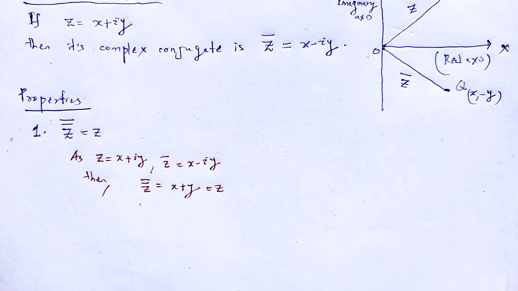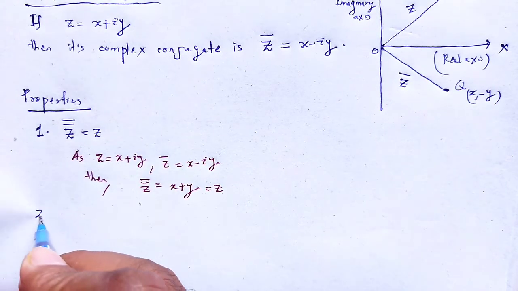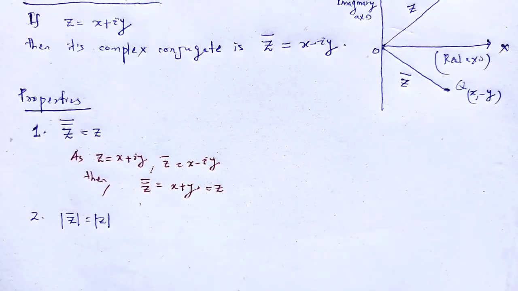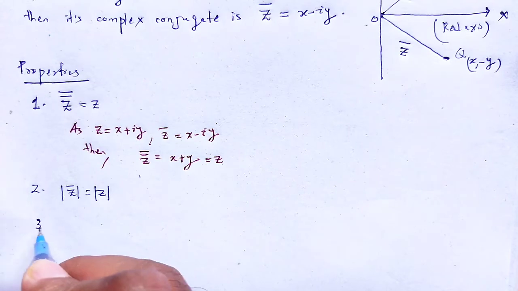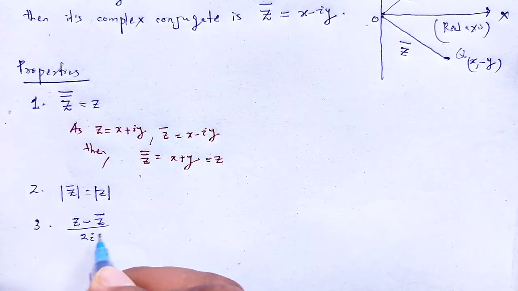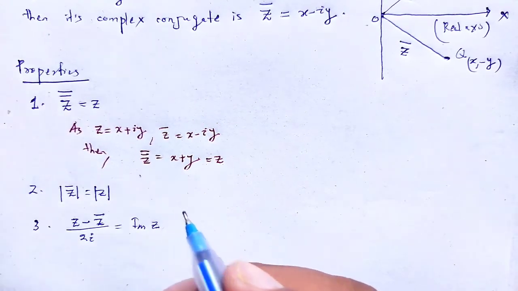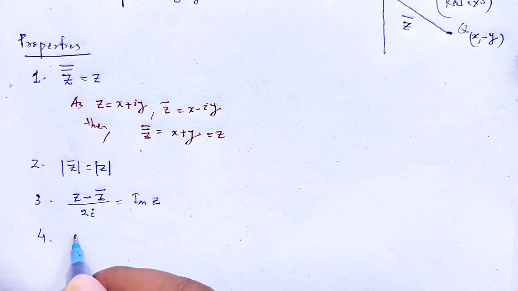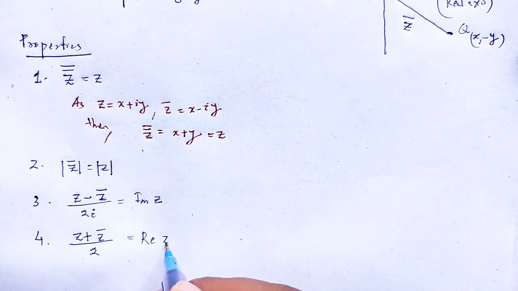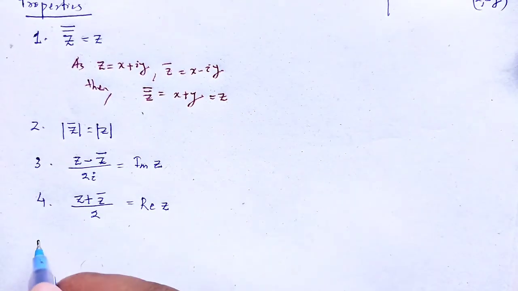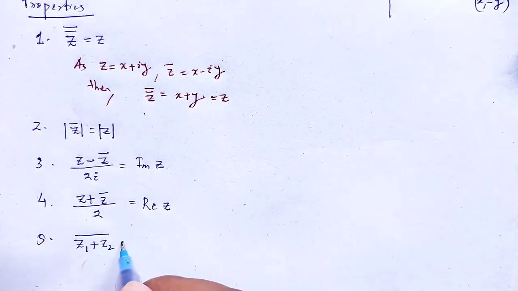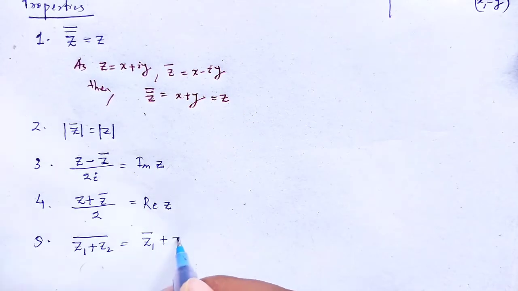Similarly, other properties of complex conjugate can be proved. Property 2: the modulus of the complex conjugate is equal to the modulus of that complex number z. 3: z minus its complex conjugate divided by 2i is equal to the imaginary part of that complex number z. Property number 4: z plus z bar divided by 2 is equal to the real part of that complex number. Next, the conjugate of z1 plus z2 is equal to the sum of the individual conjugates.